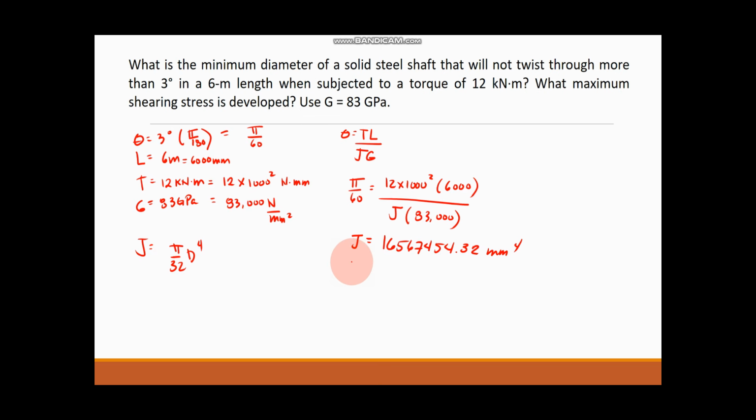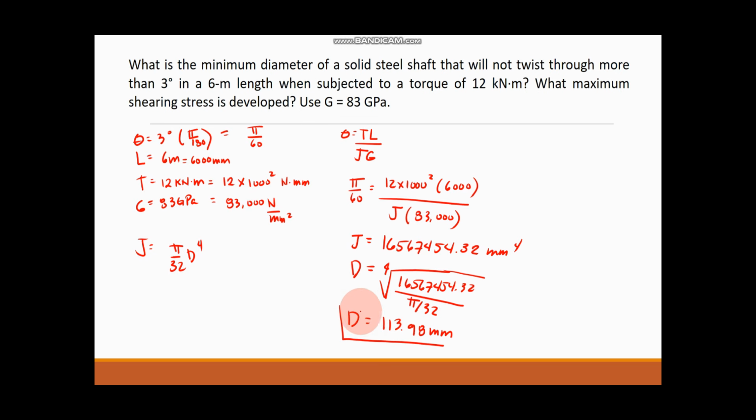Therefore, the diameter would now be equal to the fourth root of 1656745.32 all over pi divided by 32. Therefore, the diameter is equal to 113.98 millimeters. So, this would be the minimum diameter of the solid shaft.